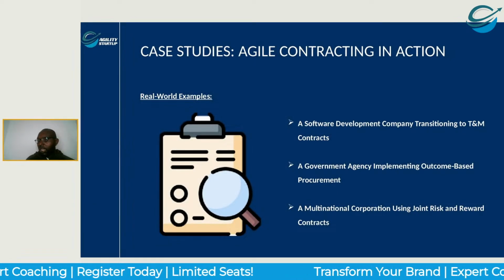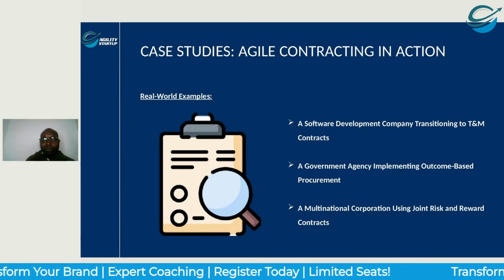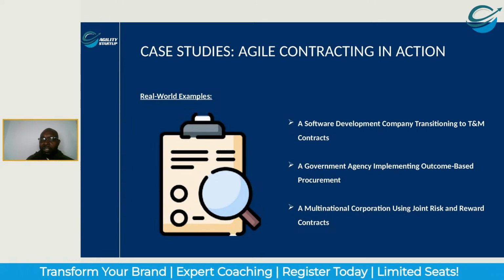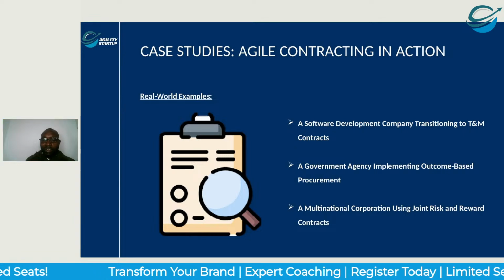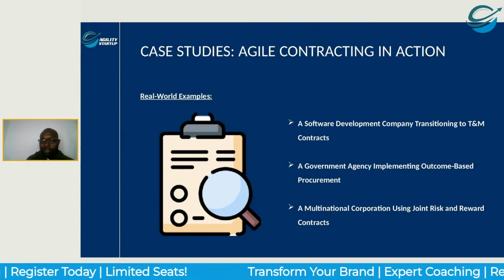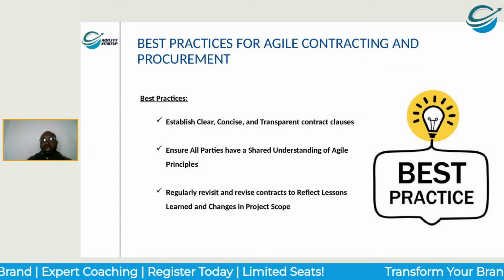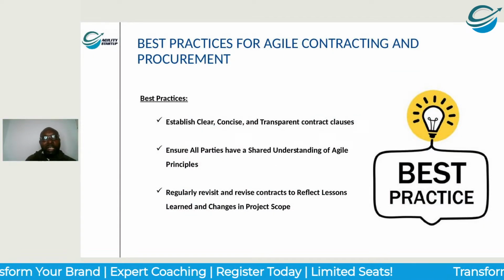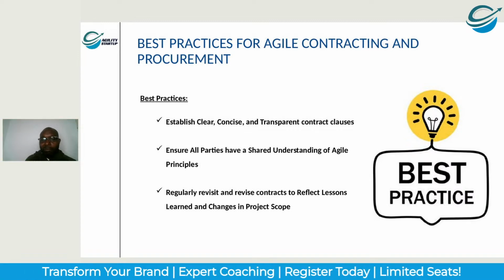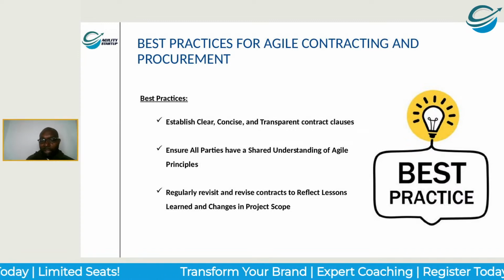In the book, we have several case studies that you can look at as well. And obviously, if your company is doing agile contracting, you can let us know to include it on our website, as well as best practices that ensure that agile contracting and procurement processes are well maintained.